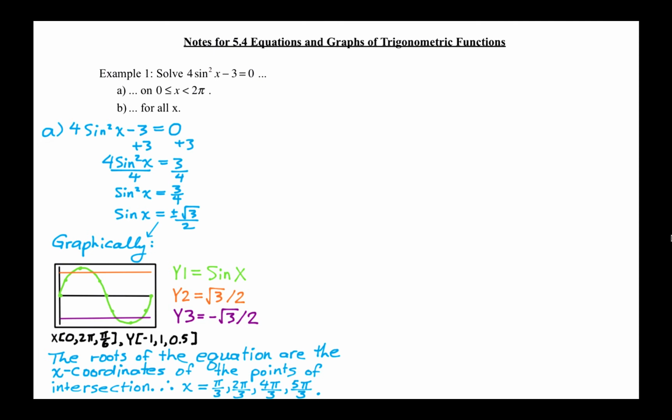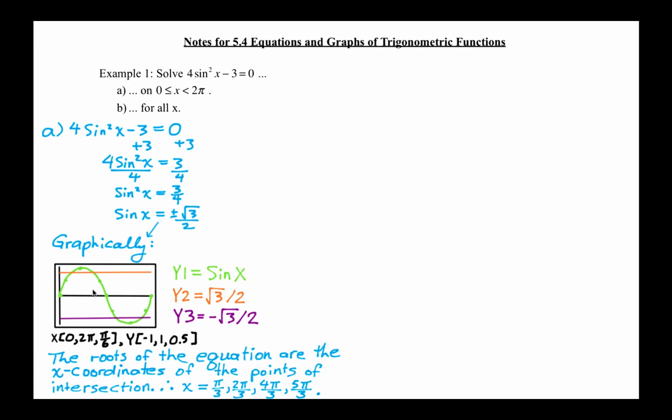So it's the x-coordinates of these points of intersection. So for instance, this point here is the point pi over 3 and root 3 over 2. Well, the root 3 over 2 is not the solution of the equation. It's the y-coordinate, right? The x-coordinate is the one that's actually the root of the equation. So it's x equals pi over 3.